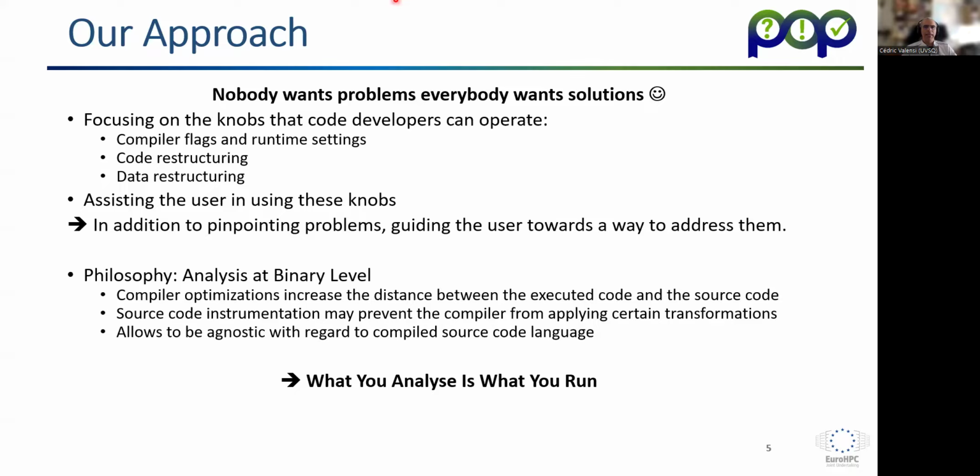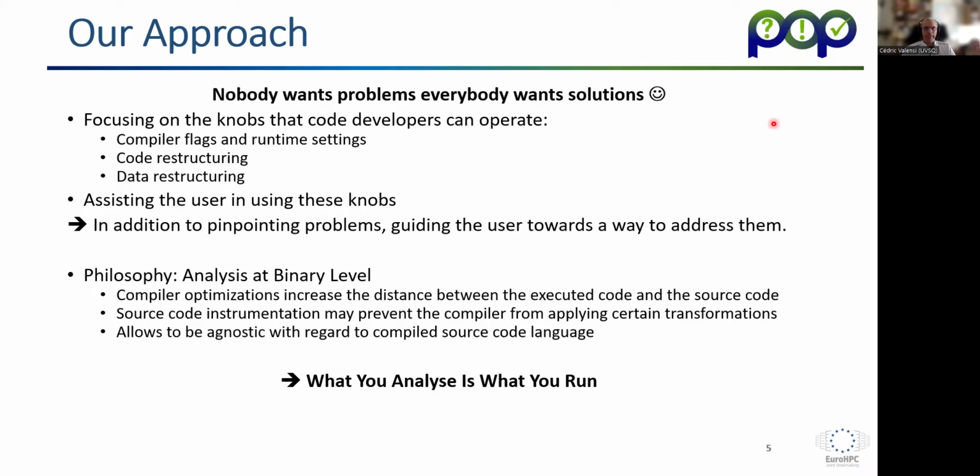So the idea behind MAQAO is that we are trying to provide not only an analysis of the code, a characterization of the code, how it behaves, what the issues are, but also hints on how to address the performance issues that we have been detecting.